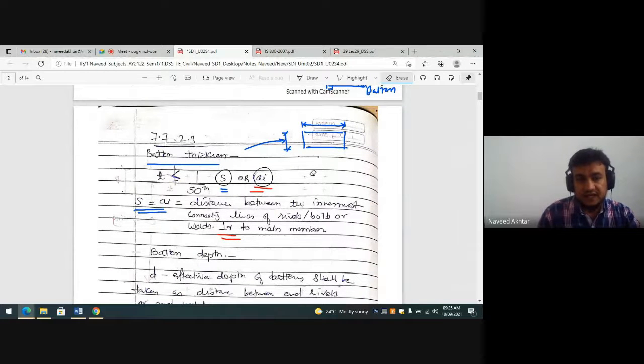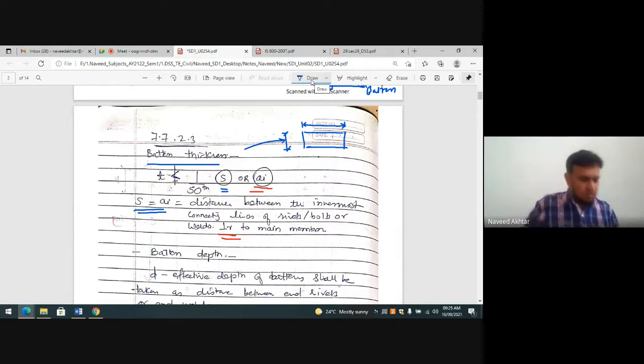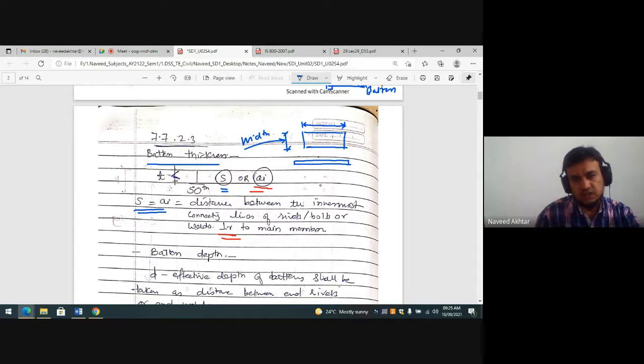So this is the width of batten. Sorry, the pen is cold. So this is the thickness of batten. If you see the batten like this, this is the width, this one is the length of batten, and this is nothing but your thickness of batten.